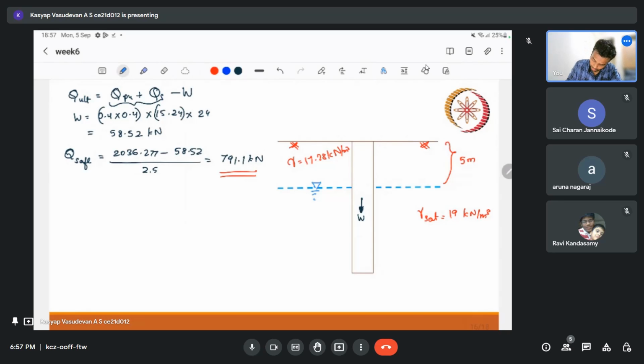We have a pressure, right? Till here water won't be there, so the effective pressure we are trying to get will reduce, and it won't be a linear line.